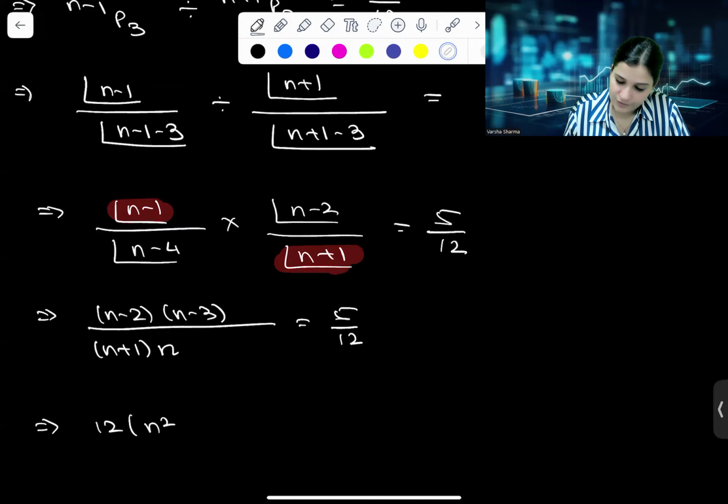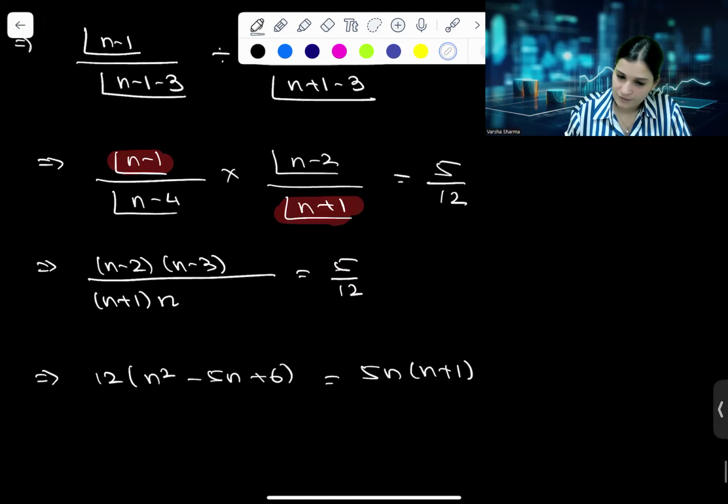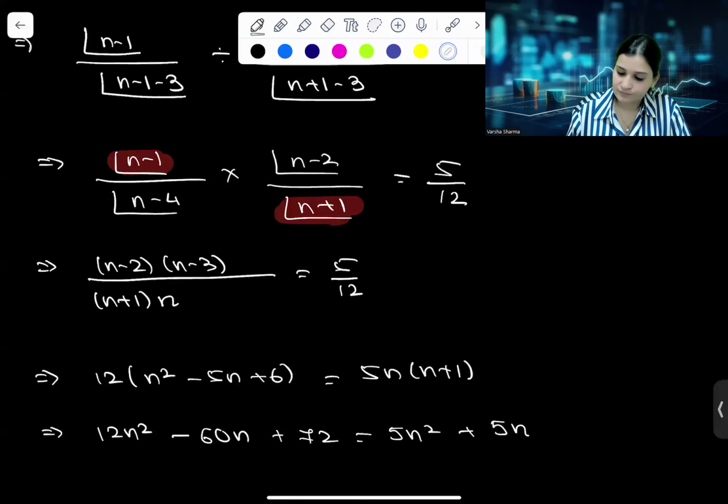12 times n minus 5 times n minus 6 equals 5n into n plus 1. So 12n square minus 60n plus 72 equals 5n square plus 5n.